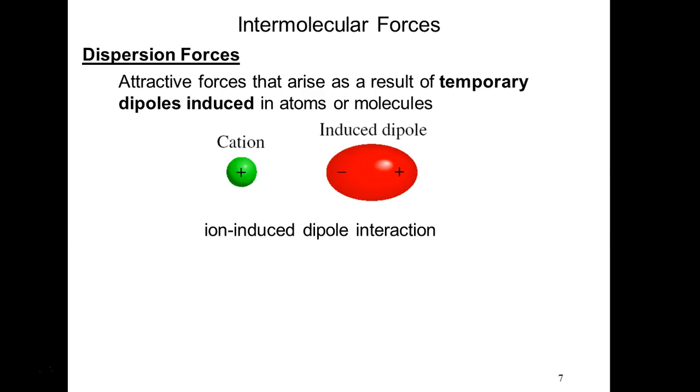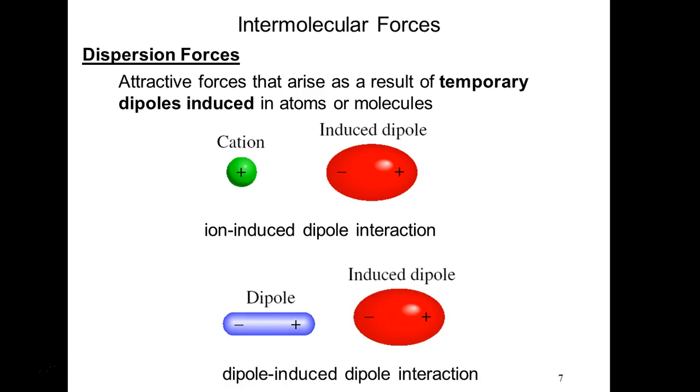Now, there's a couple ways to do that. There's ion-induced dipole interaction. If you imagine this red blob over here was just a representation of electron density, as soon as you put that electron cloud near a cation, the negative parts of the dipole would start to build up towards the cation because that cation is attracting electron density. Hence, you have an induced dipole.